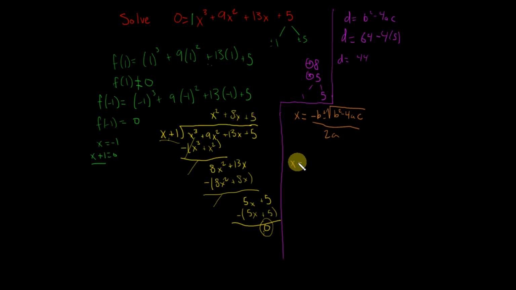So x is going to be equal, b is 8, so it's going to be minus 8 plus or minus, and we already did the discriminant, I'm not going to waste time, this is root 44 over 2a, and a is just a 1, so it's just going to be over 2.